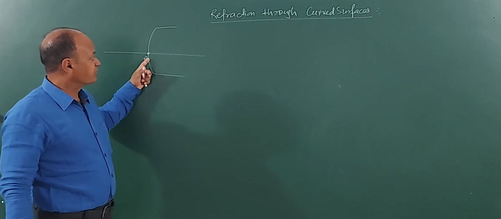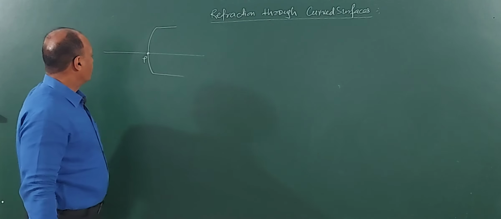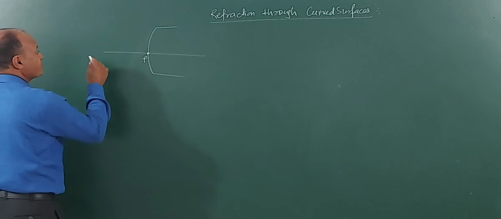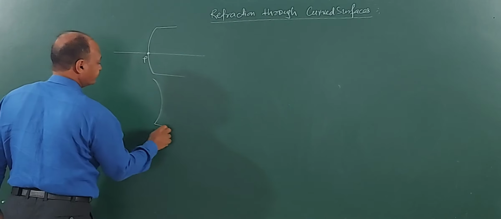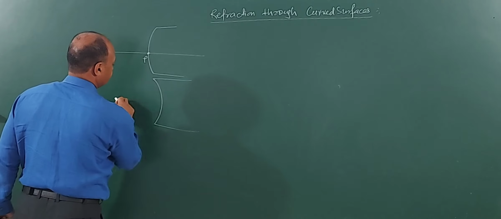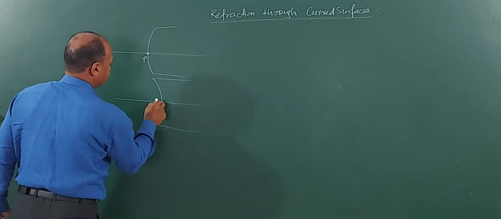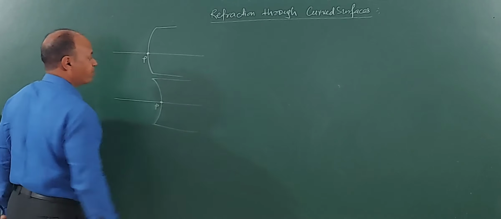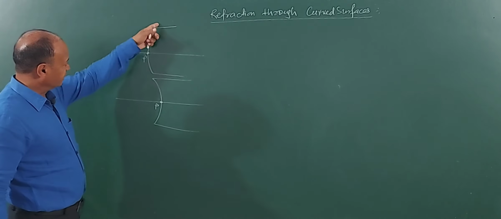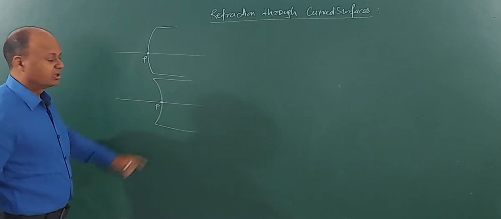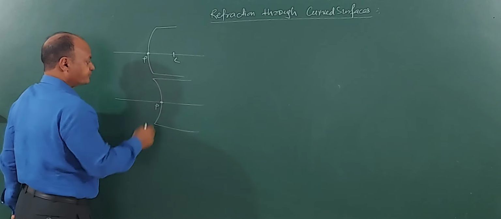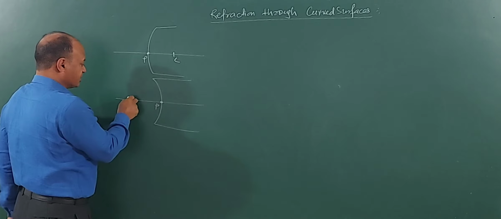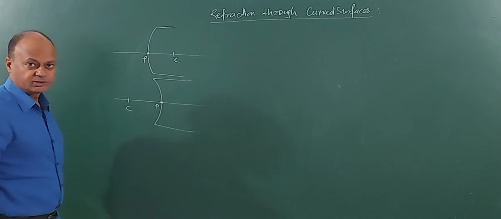All the distances are measured from the what? Pole. Or we can have here a concave surface. And this will be the pole P. Clear? For the convex surface out here, the center of curvature is going to be on the right, and for the concave surface, the center of curvature is going to be on the left. Clear?